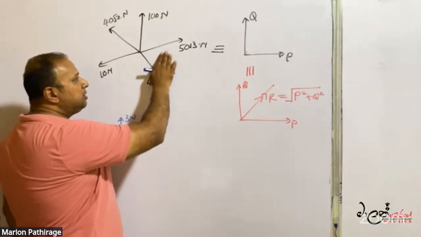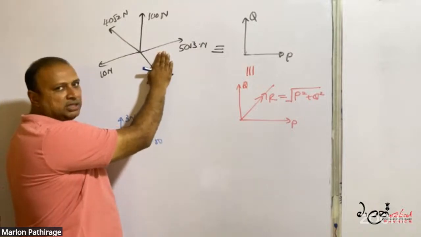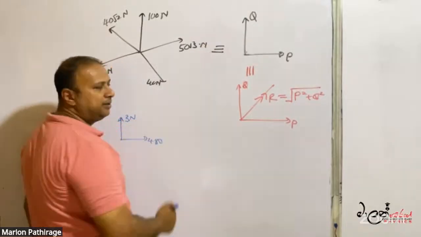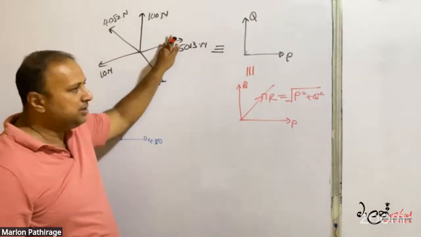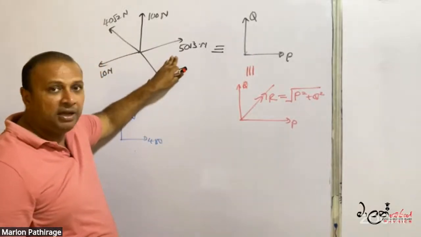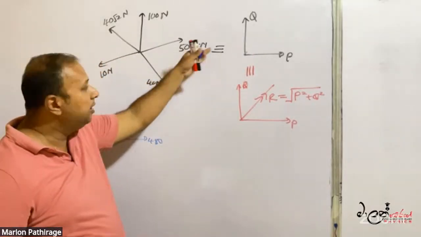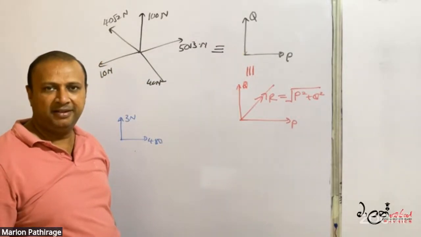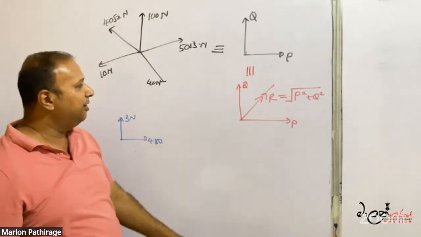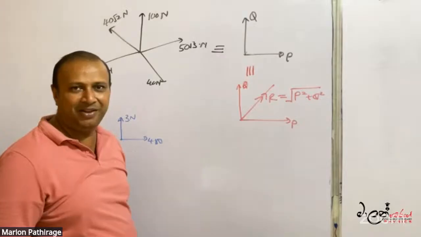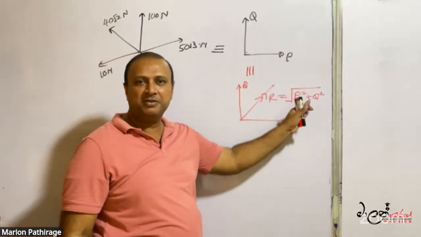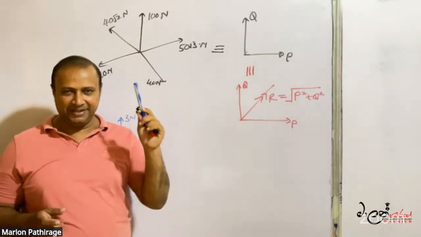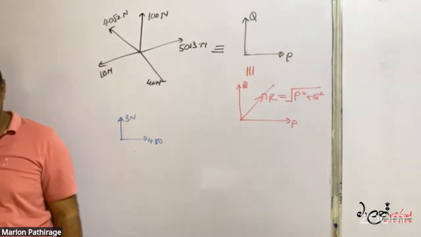Instead of this vector system, I can consider these two vectors, and as they are perpendicular, it is very easy to take the resultant vector, which is equal to the square root of P squared plus Q squared. Is that clear? If it is clear, please raise your hand.